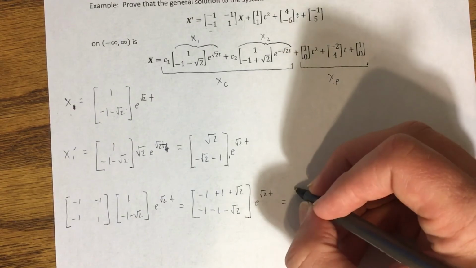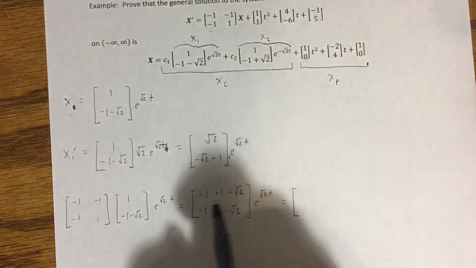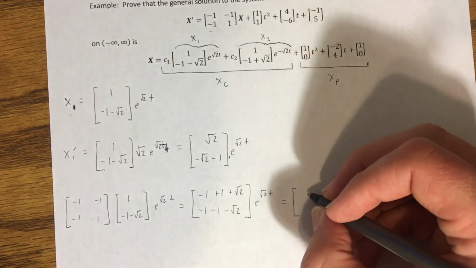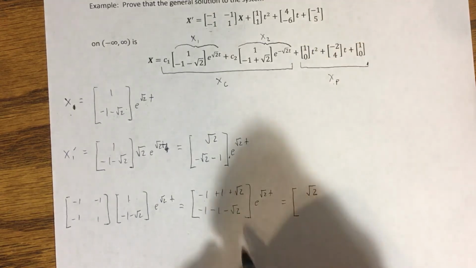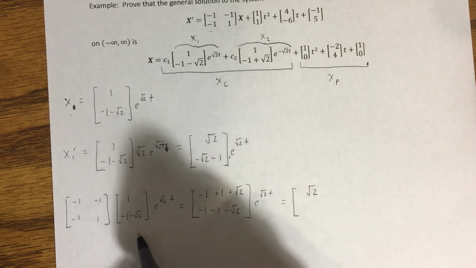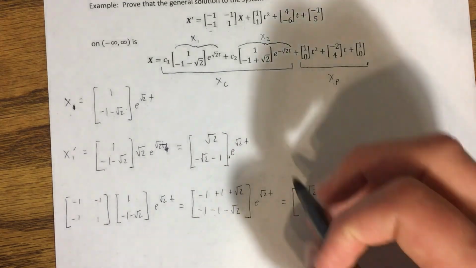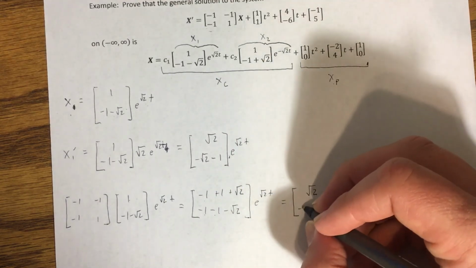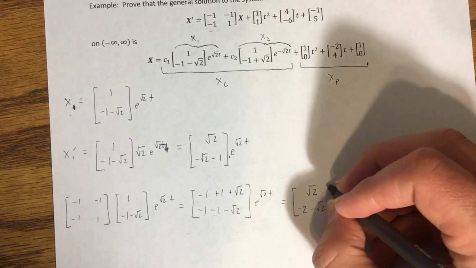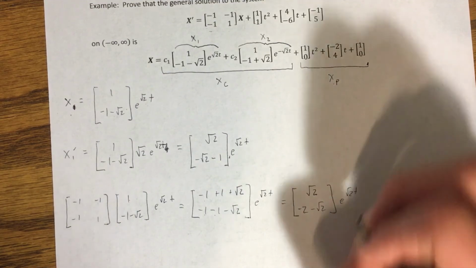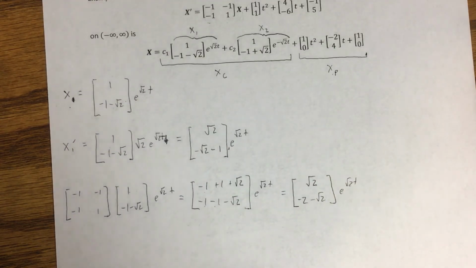Let's simplify the stuff in that matrix there. -1 plus 1 is 0, and so I get a √2 up here. -1 minus 1 is equal to, it doesn't work out exactly. Let me see. So I think we got something going wrong there.